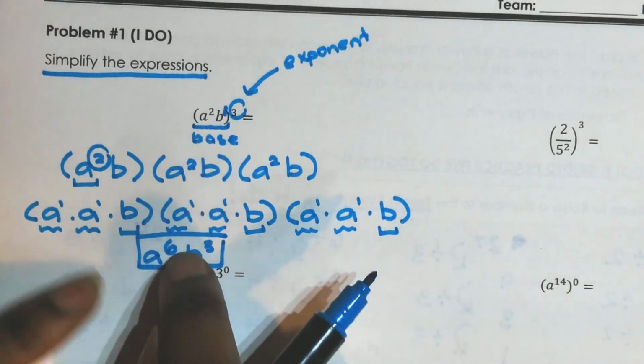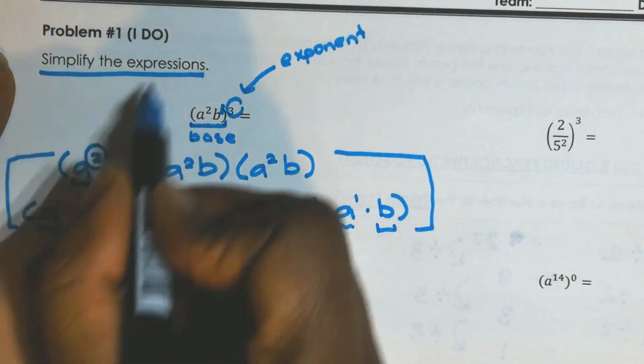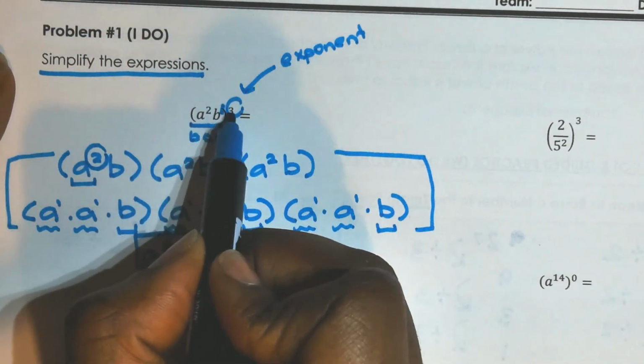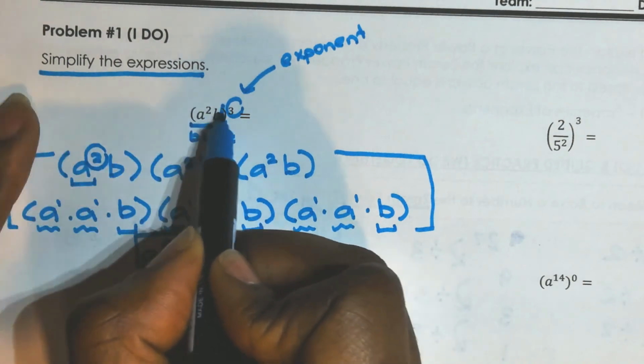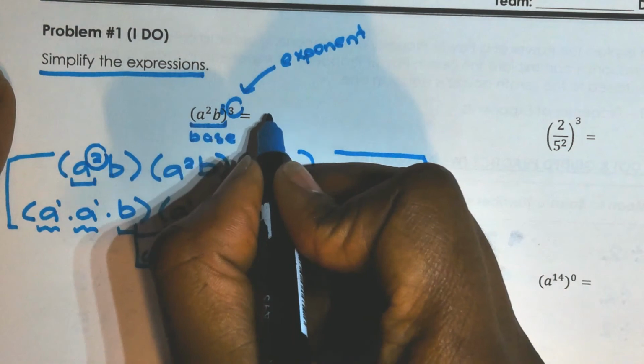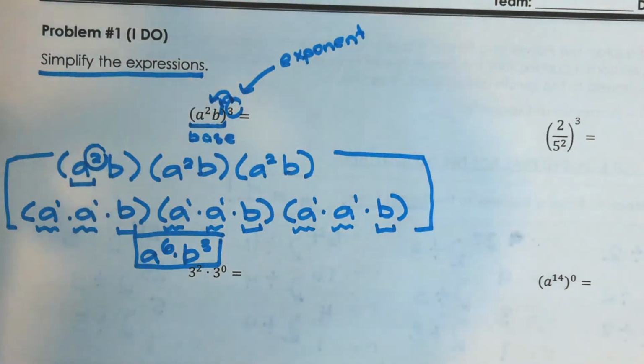Now, instead of doing the expansion every time, I can use the power of a power property that says you multiply the exponents if you are raising a power to another power. So it's like distributing the exponent to everything inside.